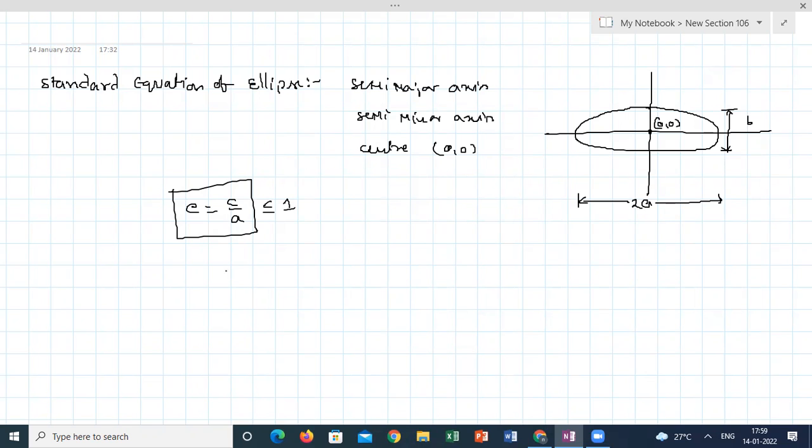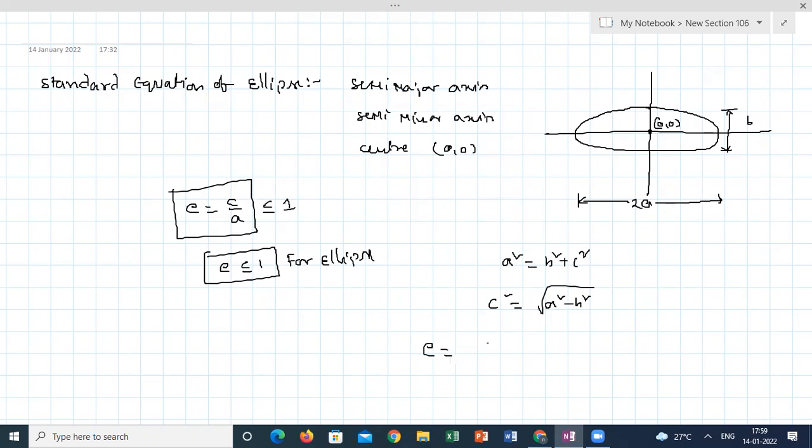So eccentricity is always less than or equal to 1 for ellipse. Or you can write A square is equal to B square plus C square. From here I can write C is equal to under the root A square minus B square. So eccentricity is equal to under the root A square minus B square by A square, so root of 1 minus B square by A square.